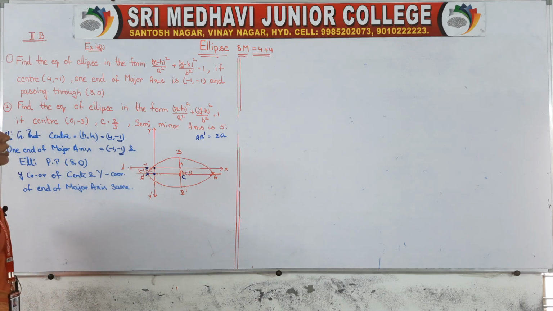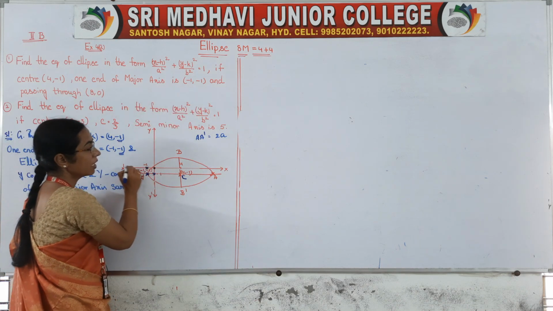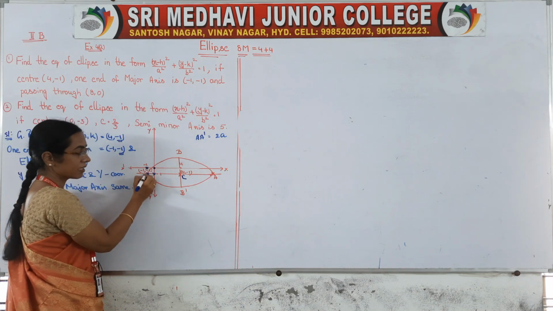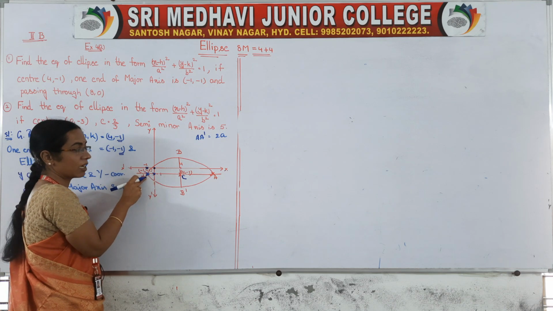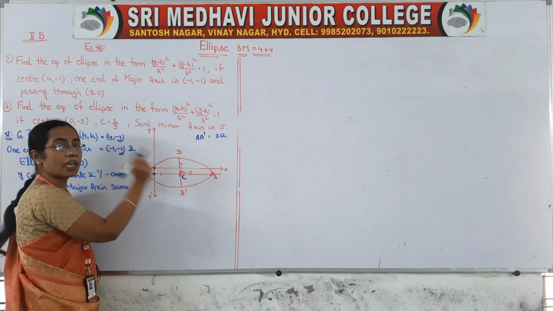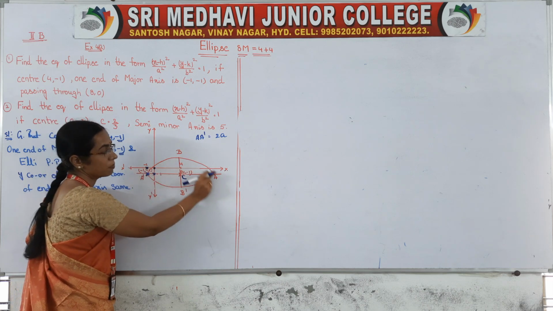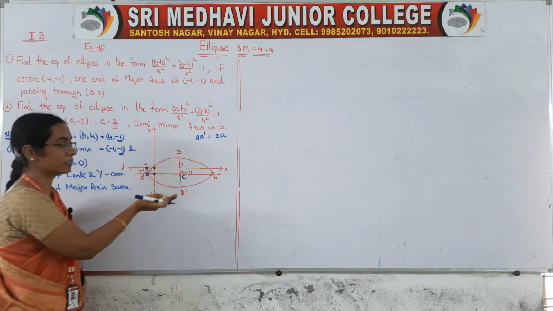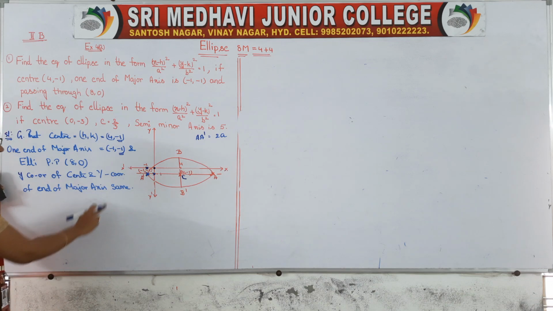So first it is given that the end of major axis is minus 1 comma 1. This is your coordinate axis. This is your end of major axis, minus 1 comma 1. This is your center of the ellipse, 4 comma minus 1. So the ellipse will be like this. That means your axis is parallel to x axis, right?